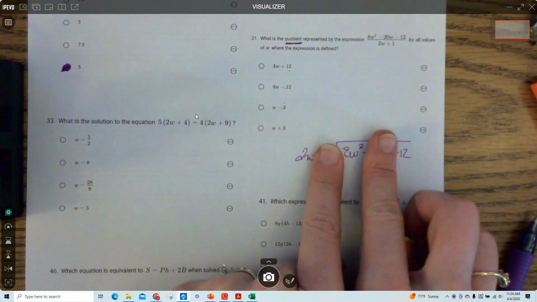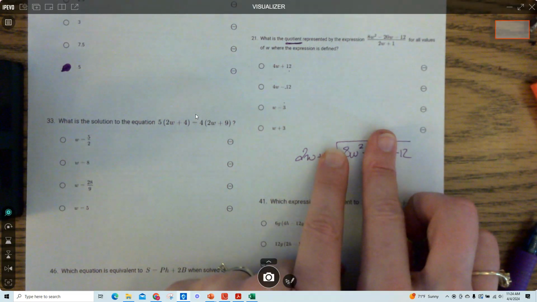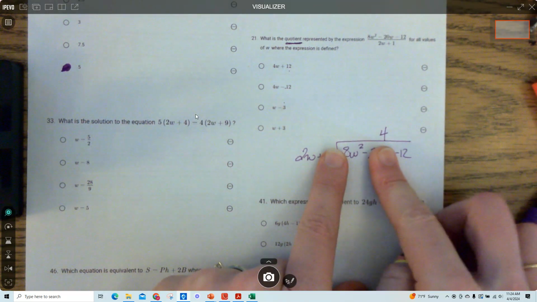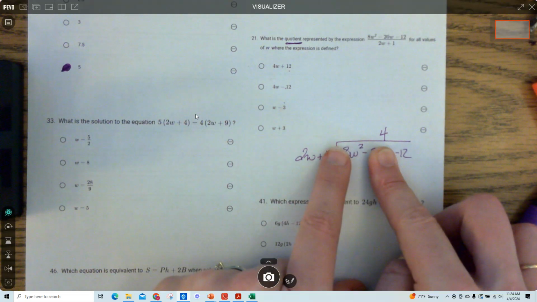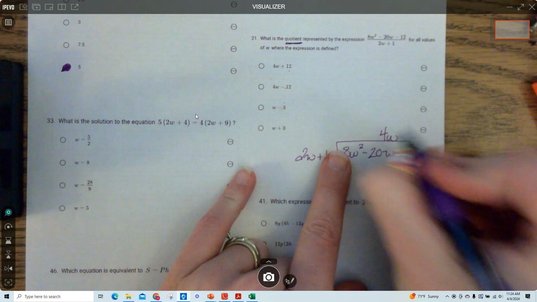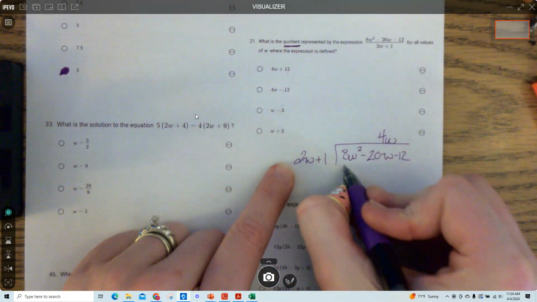One piece at a time, right? We do 8w squared divided by 2w. So do just the numbers. What's 8 divided by 2? 4. Okay. What is w squared divided by w? W. Okay. And then we multiply out. 4 times 2 is 8.